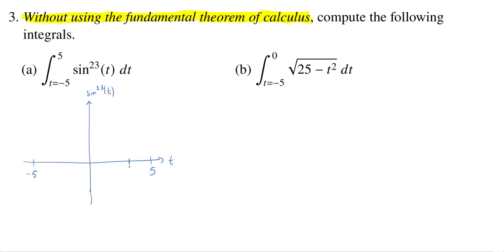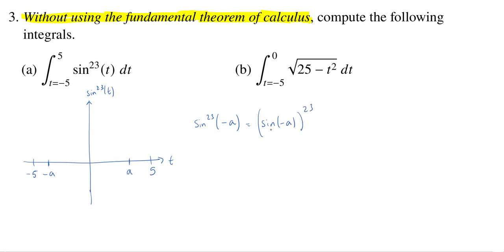So let's say I had some value here. Let's call it a. And then I go to the other side. The opposite one would be -a. So is there some relationship between sine to the 23rd of a and sine to the 23rd of -a? Well, if I go to compute sine to the 23rd power of -a, first thing, this is the same thing as sine of -a to the 23rd power.